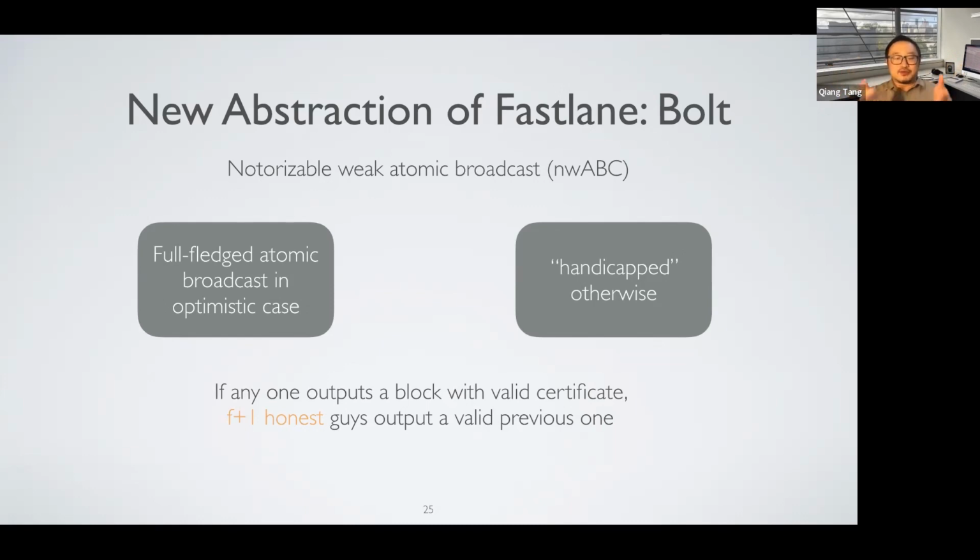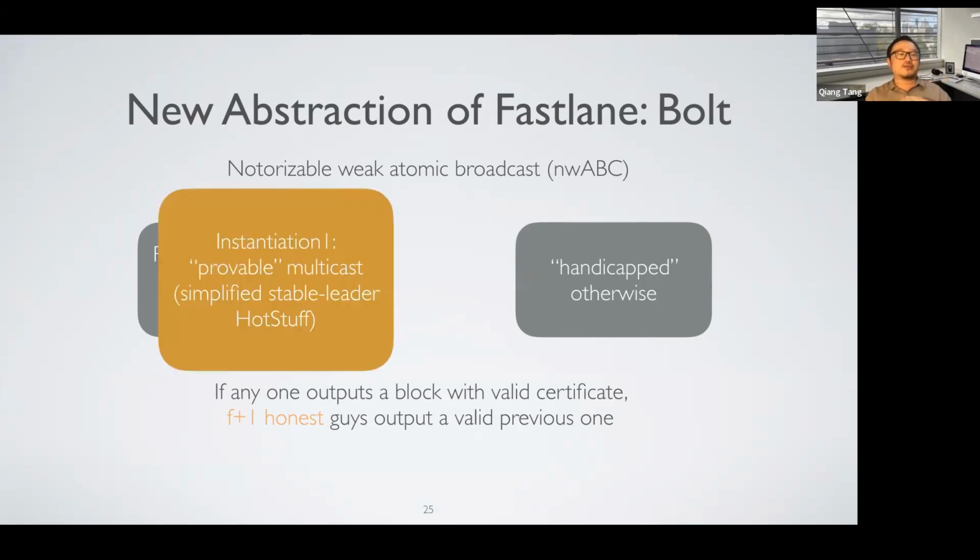If you look at this definition, it can actually be very easily realized by a very standard technique, like a quorum certificate. As long as enough honest guys endorse the certificate of the current block, that means they received the previous block already. So basically, we can have a very easy instantiation of such a notarizable weak atomic broadcast. Essentially, it's just a multicast protocol with certain proofs. The proof can be realized by threshold signatures again.